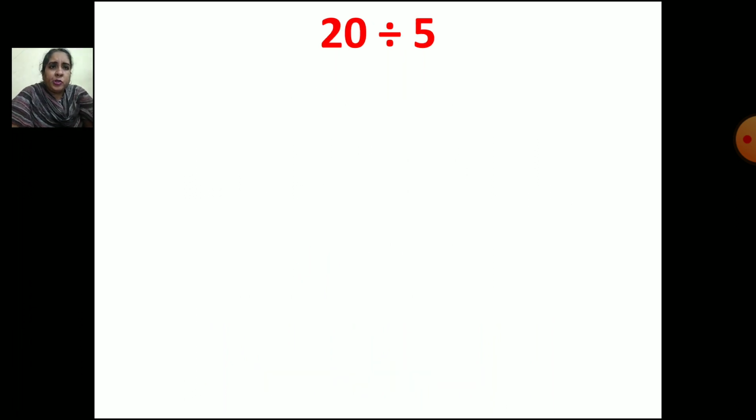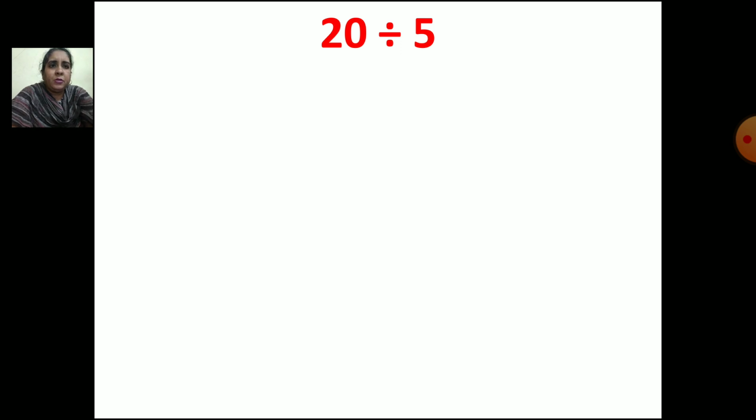Now the next question, you see, 20 divided by 5. Here which is the divisor, children? 5. And which is the dividend here? 20. So how many dots are you going to put? Yes, very good. You are going to put 5 dots, right? Because 5 is the divisor.